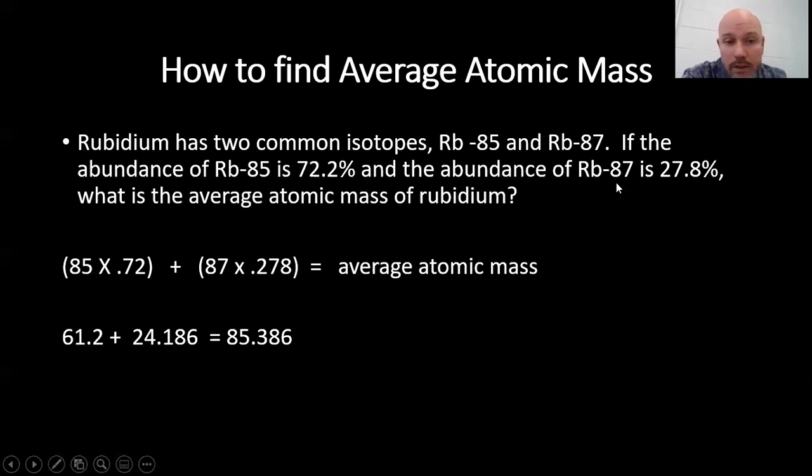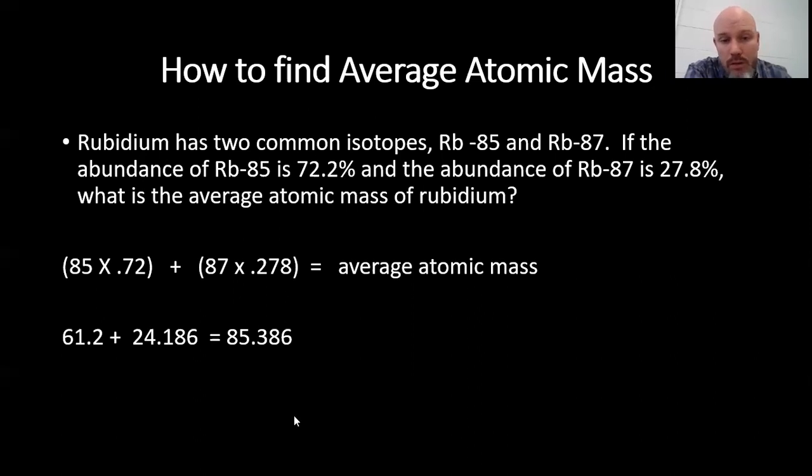For Rb87, we take the atomic mass, 87 times 0.278. Again, we had to move the decimal point over 2 spots. Then we add up our sums and we get 85.386. So this is the average atomic mass of Rb85 averaged with Rb87.